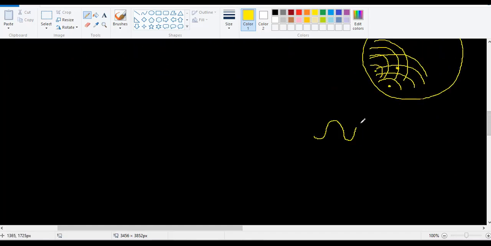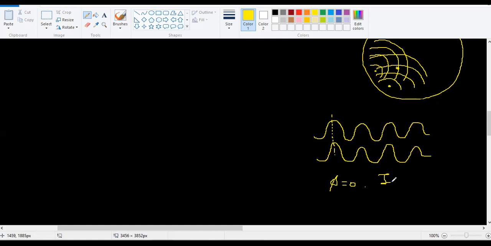suppose you have a wave like this and you have a wave like this, listen carefully. The phase difference between this wave and this wave is phi equal to 0. This we call as in phase. So both the waves, we say it is in phase.